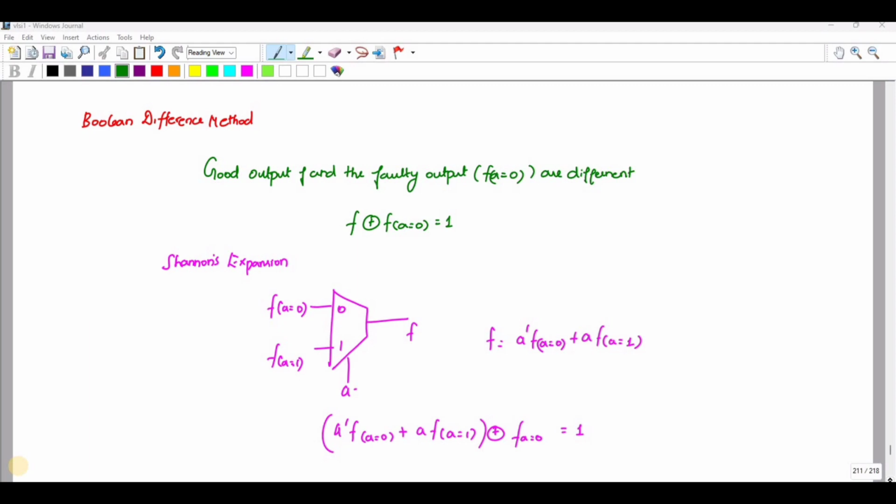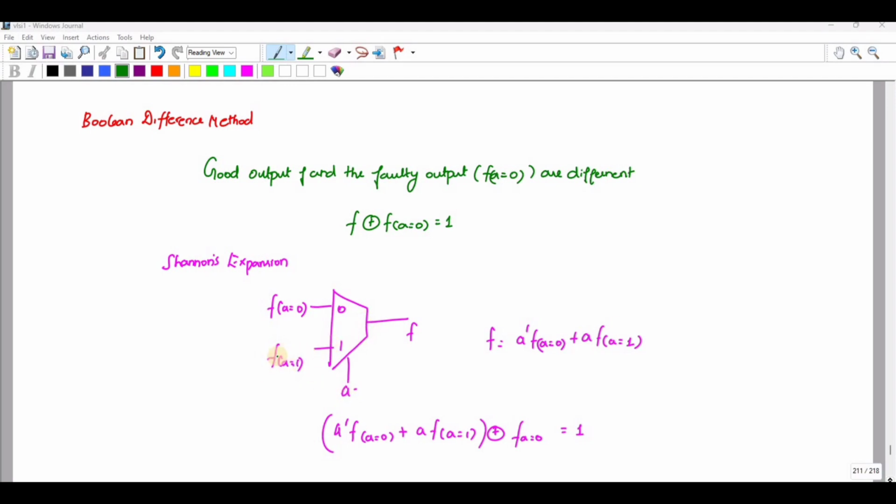From Shannon's expansion, this is a 2:1 mux. If the a value is 0, f of a equal to 0 is selected. If a gets stuck at 0, that is selected. If a is equal to 1, f of a equal to 1 gets selected.